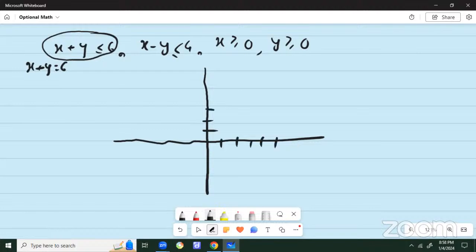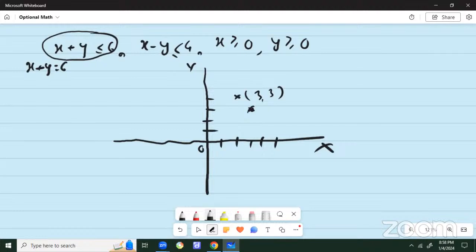Quickly, what are the points? Is it 3, 3? Yes, sir, 3, 3. And 2, 4.